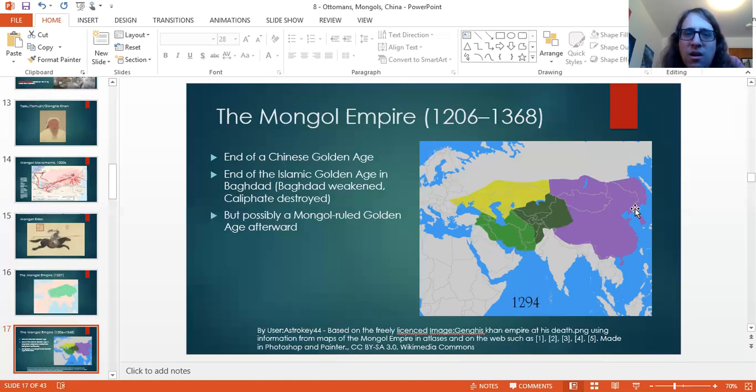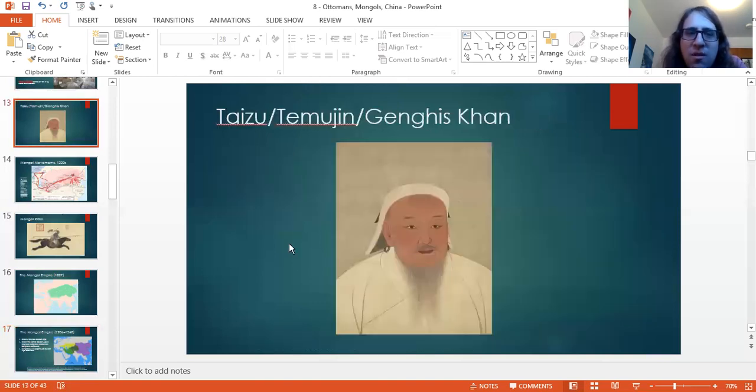But the interesting thing is that as destructive as the conquests were, and as intense as the battles were, the relationships between the Mongols and the people they conquered actually seemed to be pretty positive. In fact, Genghis over here, also known by his given names, Taizu or Temujin, when we're not using his title, he really seemed to have believed a lot in freedom of religion, and in fact sort of officially established it as a doctrine of his empire.